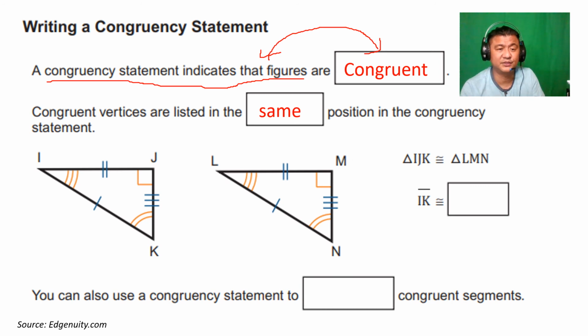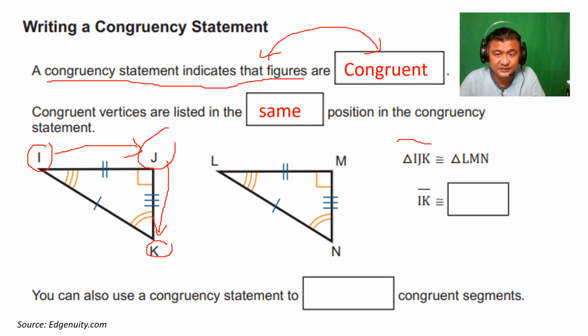For example, I call this I, J, K. I started with I followed by J and K. Therefore, I could write triangle IJK is congruent to, will I start with M, L, N?